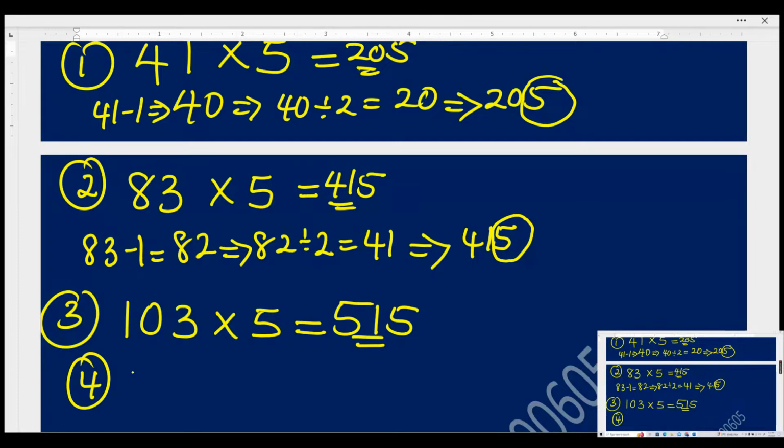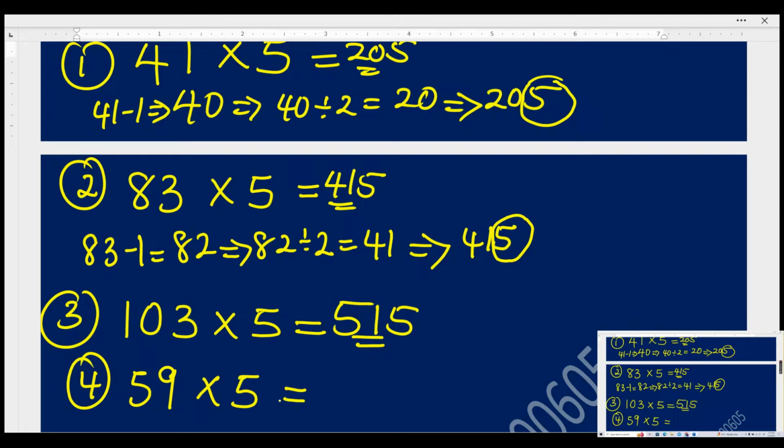How do we multiply 59 by 5? Let's multiply 59 by 5. 59 times 5, subtract 1 from 59, that will give us 58.